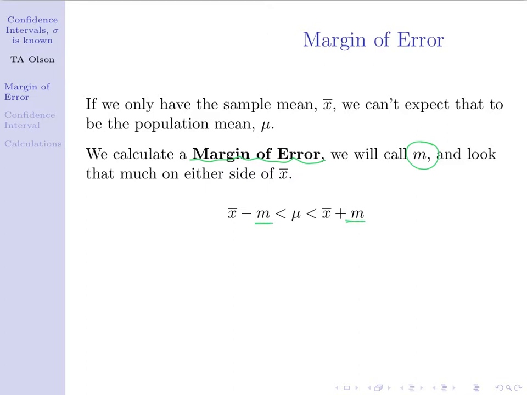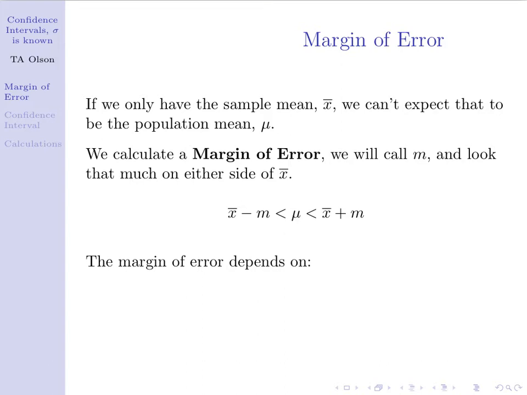We take our margin of error away from our sample mean, we add our margin of error onto our sample mean, and we try to find mu in this region, right? So we try to figure out where mu can be based on this information. All right, so that's what the margin of error is. It's this band that we look around X bar to find mu.